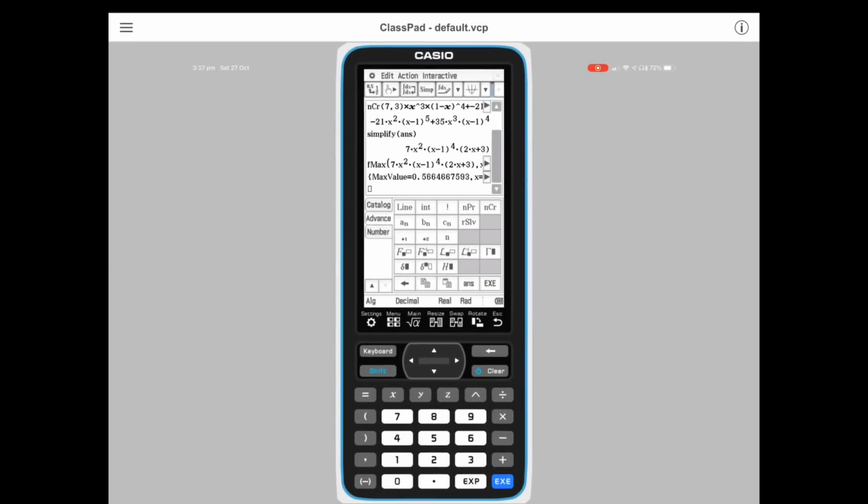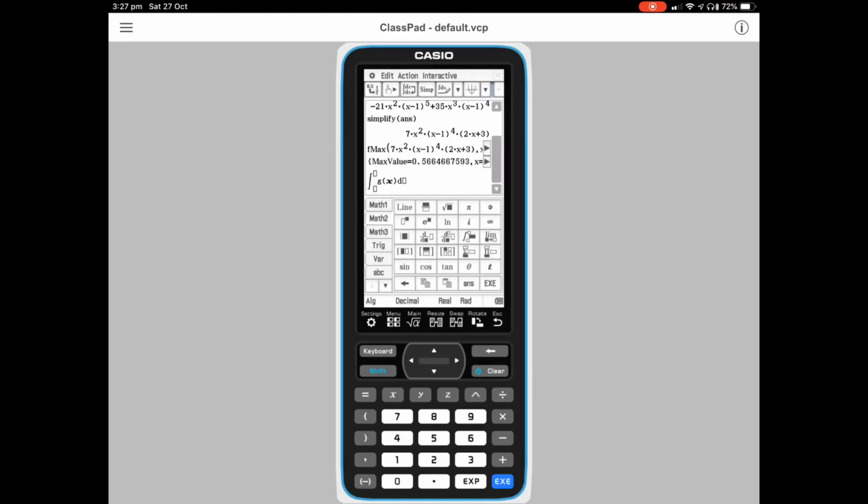So I know that that's g of x. Okay, so the integral of g of x from Y to 70 dx is equal to that value.